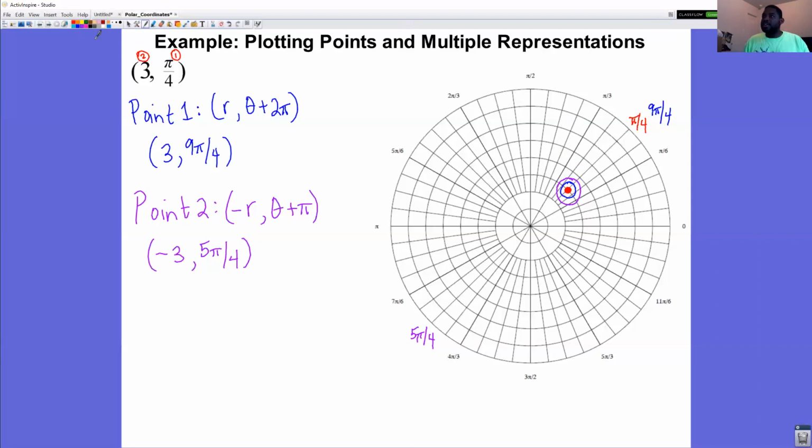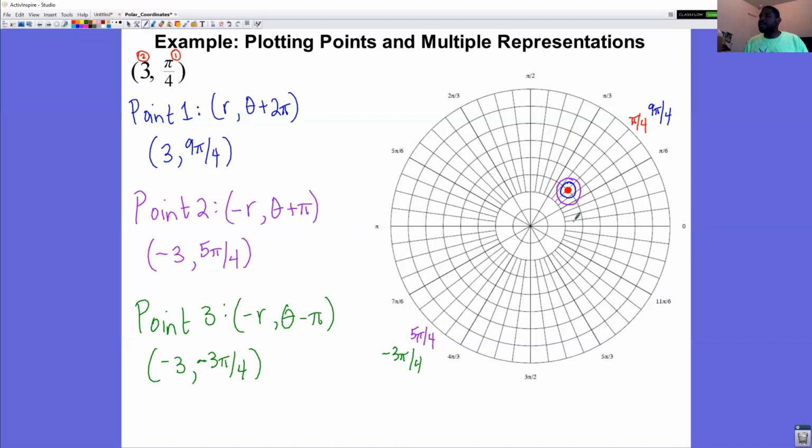And there should be one more point, which takes the form (negative r, theta minus pi). So we keep r negative, but we're going to subtract pi from pi over 4, and that gives you an angle of negative 3 pi over 4. So now we have to find where negative 3 pi over 4 is. Remember, since our angle is negative, we go clockwise from 0, and that puts you here at negative 3 pi over 4.